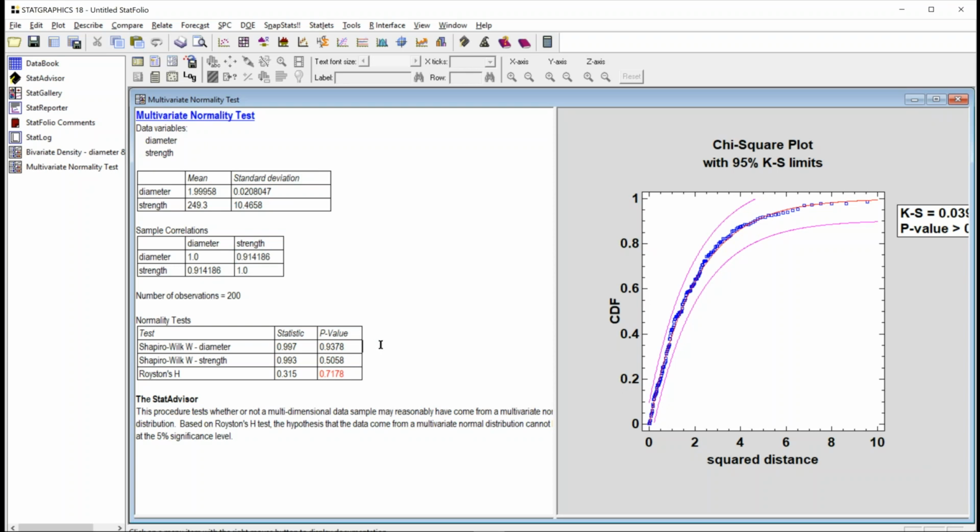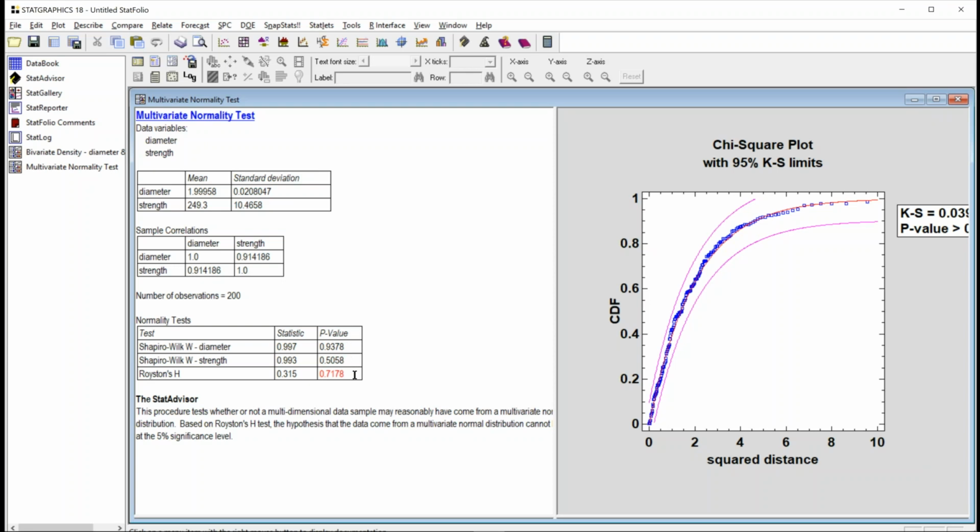The tests for normality are a little lower on my analysis summary. You see the Shapiro-Wilk test for diameter, the Shapiro-Wilk test for strength, and Royston's H statistic. In the case of the Shapiro-Wilk test, values less than 0.05 would cause me to reject the hypothesis that a variable followed a normal distribution at the 5% significance level.